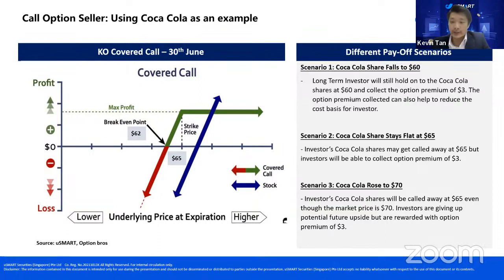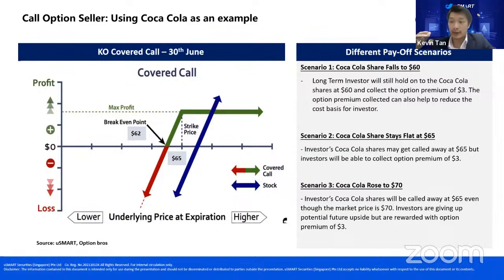And the last scenario is, what happens if Coca-Cola share rises to $70? Now remember, we go back to the basics. What happens when we sell a call option? We have the obligation to sell the asset at a certain price in the future, right? So in this case, our call option gives us the obligation to sell Coca-Cola shares at $65.